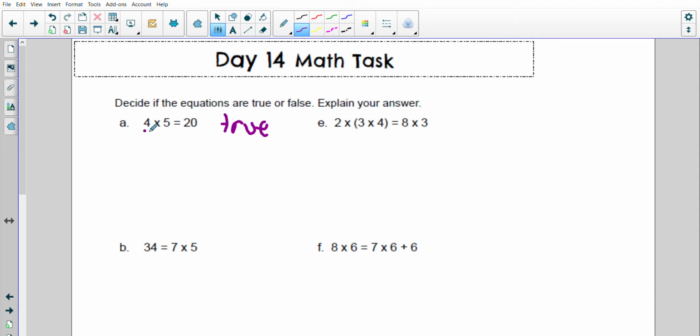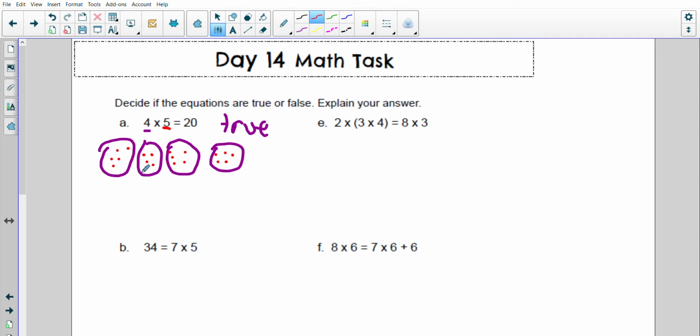Well, okay, 4 in multiplication is 4 groups. So 1, 2, 3, 4. And I'm going to put 5 in each of those groups. So I have 1, 2, 3, 4, 5 in each group.